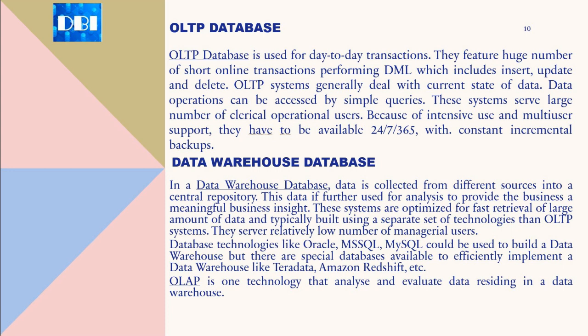They serve a relatively low number of managerial users. Database technologies like Oracle, MS SQL, and MySQL could be used to build a data warehouse, but there are special databases available to efficiently implement a data warehouse, like Teradata, Amazon Redshift, etc. OLAP is one technology that analyzes and evaluates data residing in a data warehouse.